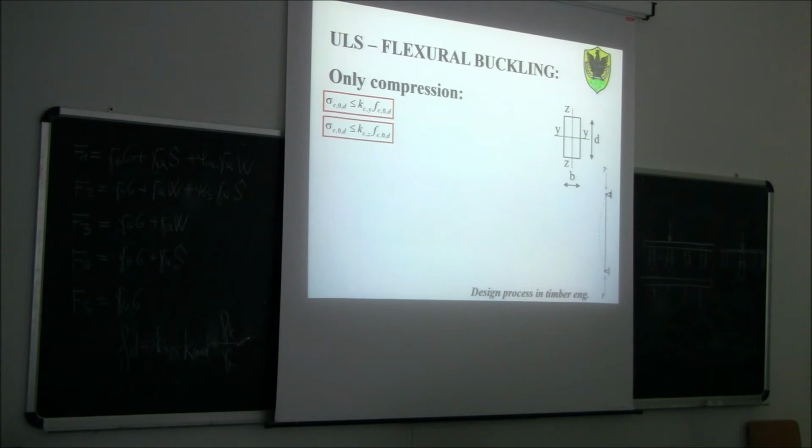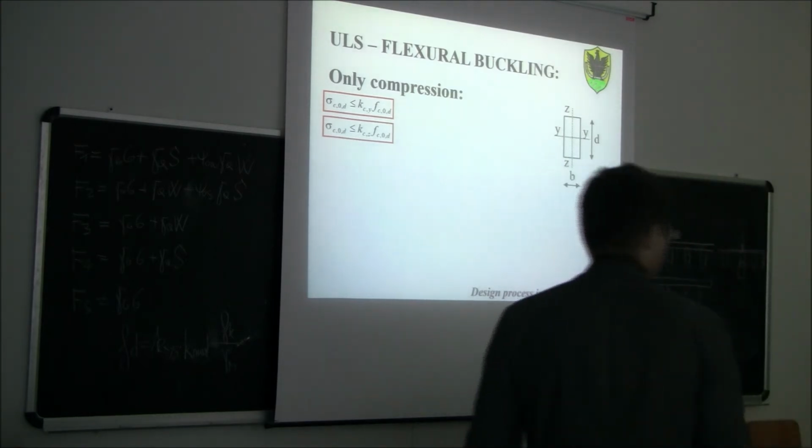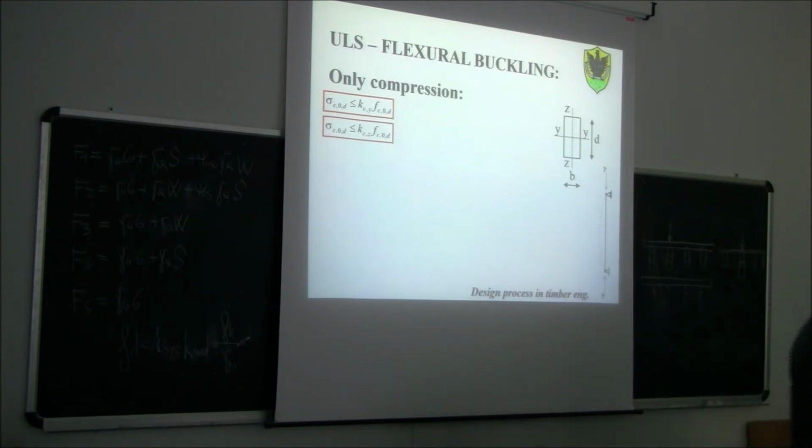So, to study flexural buckling, you remember you learned the omega method in mechanics of structures. In this case, we use a similar method. It's not really the omega method, but it's similar in philosophy. In the omega method, if you remember, how did you do the design?